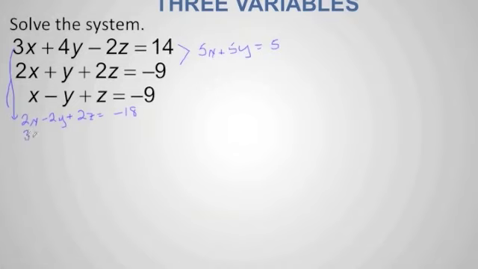So bring that down, 3x plus 4y minus 2z equals 14. Adding these, I'll get 5x plus 2y equals negative 4. I'm going to put that lined up over here. 5x plus 2y equals negative 4.